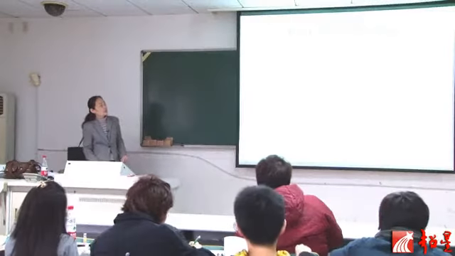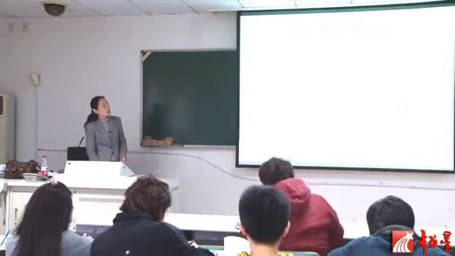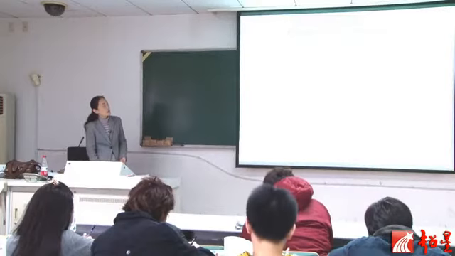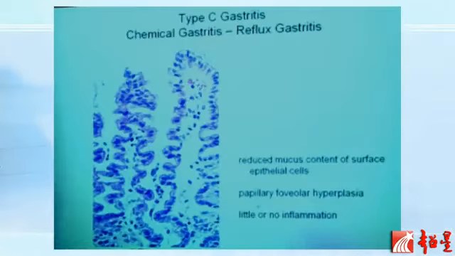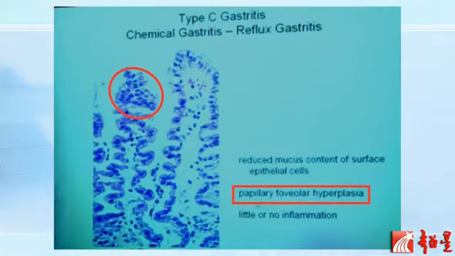So the third type, type C gastritis, is chemical gastritis. Here, from this picture, we find the mucin content of surface epithelial cells is reduced. And we find papillary foveolar hyperplasia.